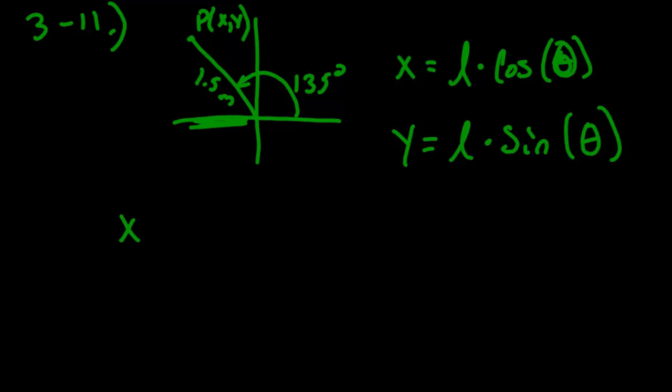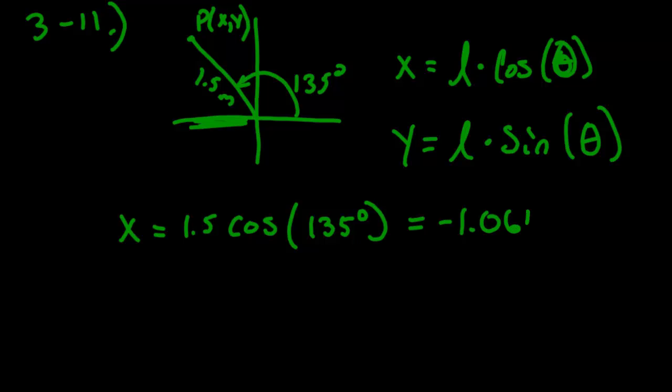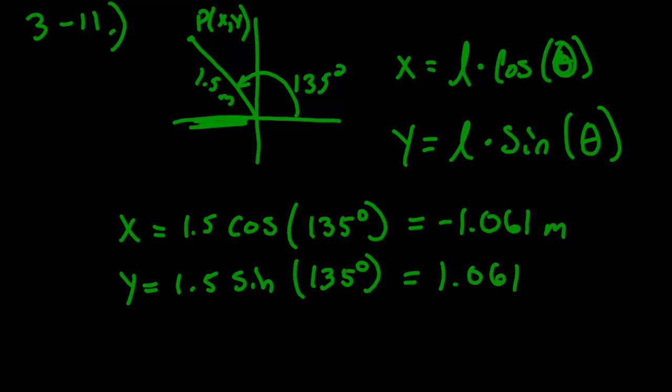So x is equal to 1.5 times the cosine of 135 degrees. This is equal to negative 1.061 meters. And y is equal to 1.5 sine of 135 degrees, and this is equal to 1.061 meters.